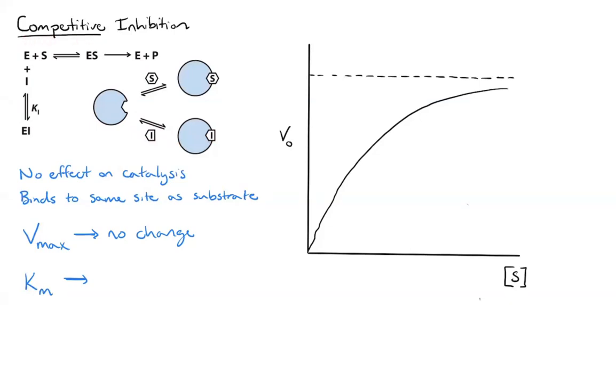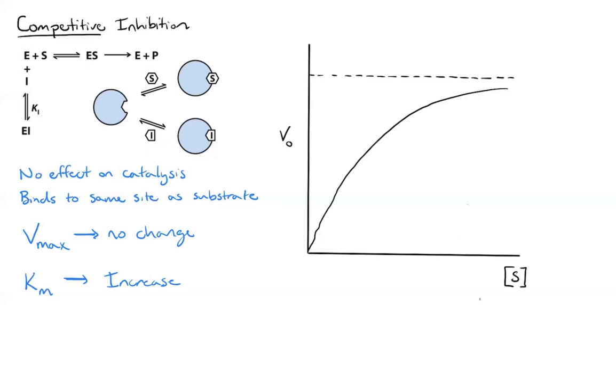And if the enzyme looks like it's worse at binding its substrate, then what we have here is an increase in the apparent Km value of our enzyme. So with the presence of a competitive inhibitor, we increase Km and we have no change on our Vmax.